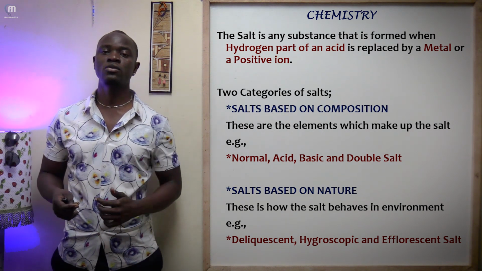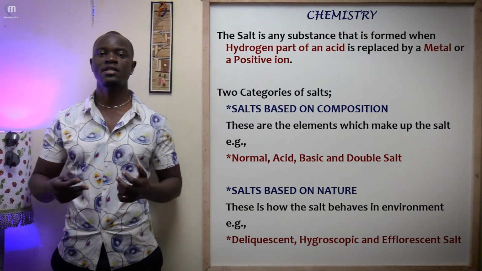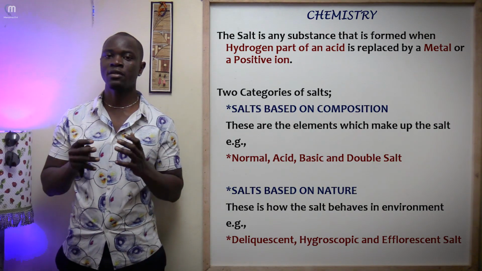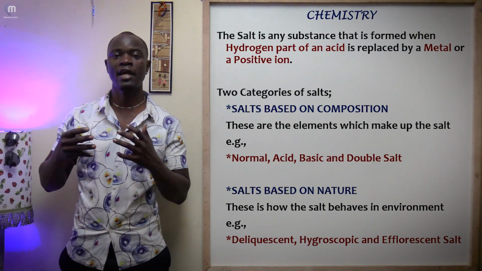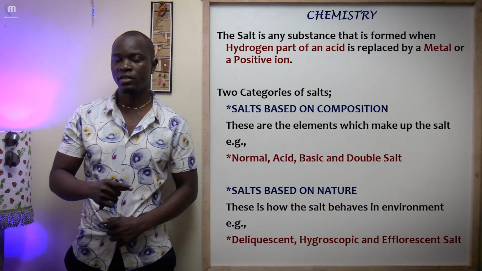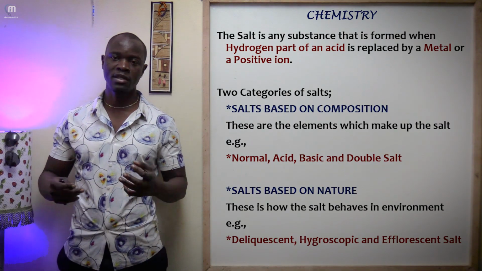For example, we have sodium chloride, magnesium fluoride, potassium iodide, and sodium nitride. As long as it does not have any hydrogen in the compound structure, we say it is a normal salt.